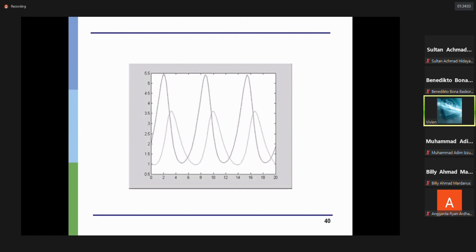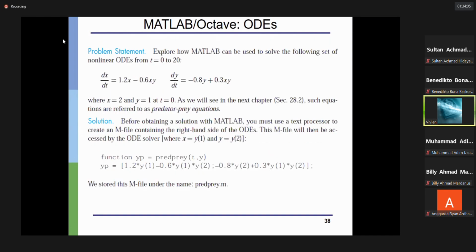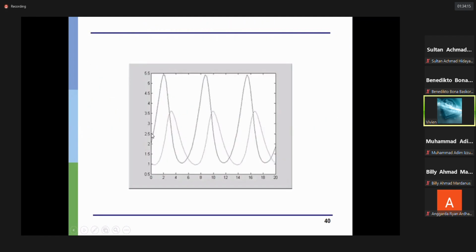In this case, we have two graphs. The first represents the first equation of the ODE, which is for x, starting from the initial value of 2, and the second is the second equation of the ODE.